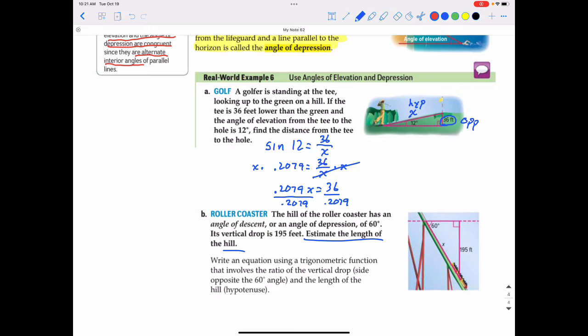So you can actually type in the sine of 12. And when you do that, you get about 173.15. It is golf. They don't usually use decimals in golf, so we could just simply say it's 173 feet. Still a short par 3 from the tee box to the hole.